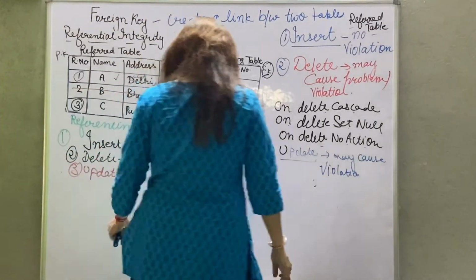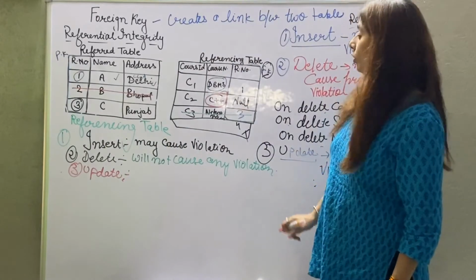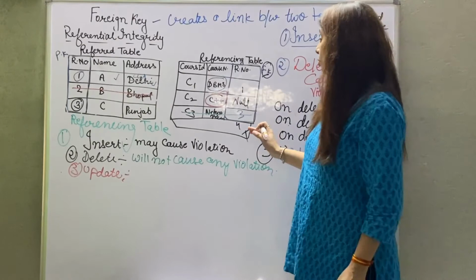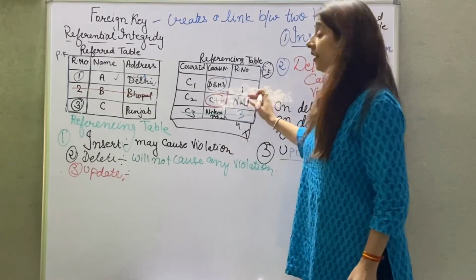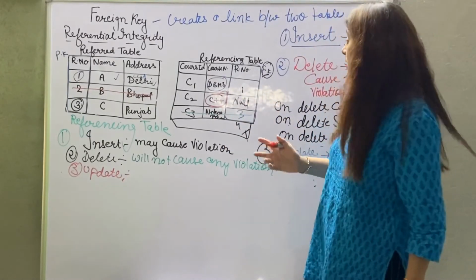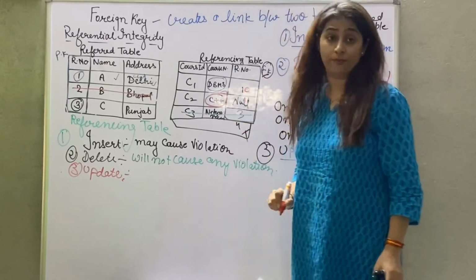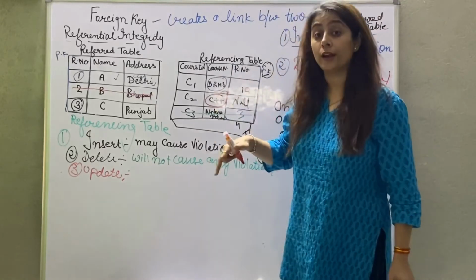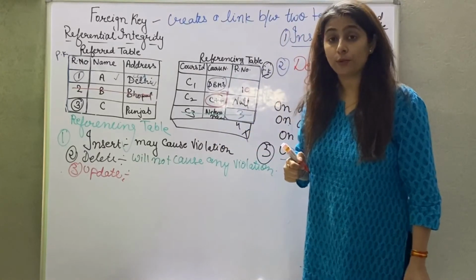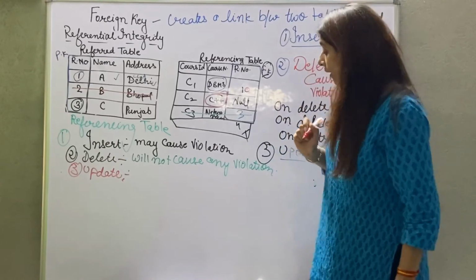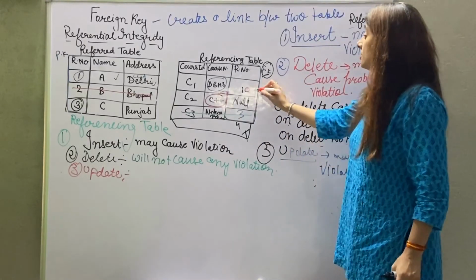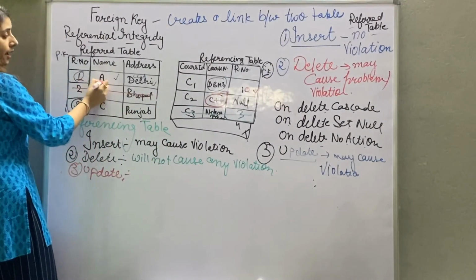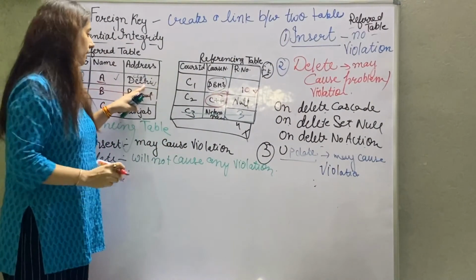See, in update, what you have to do? Same thing that I told you there: suppose you are changing the entry here. If you are changing roll number 1 to roll number 10, then of course it will create a problem. It may cause a violation. Why? Here it says roll number 1 is name A, who belongs to Delhi or Chandigarh.